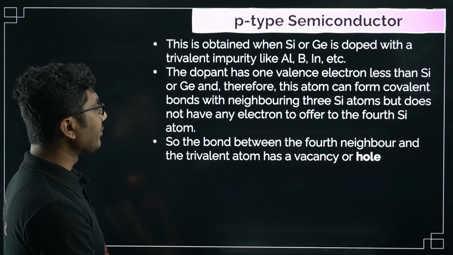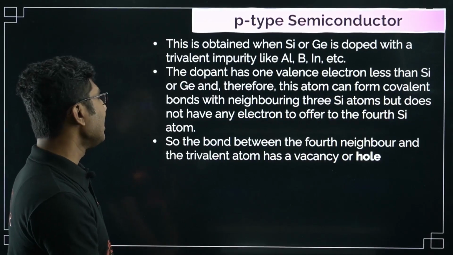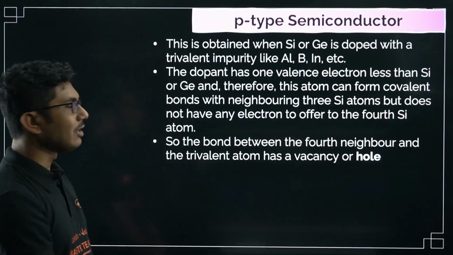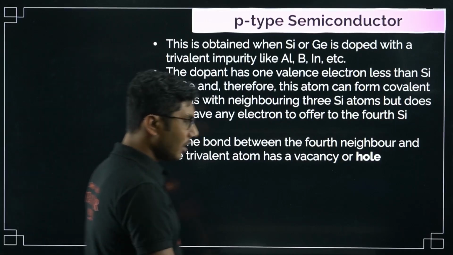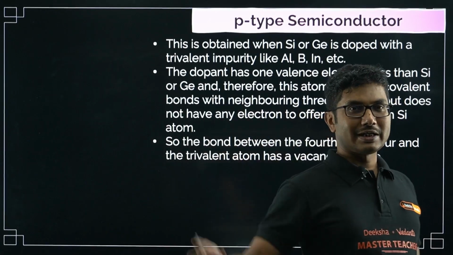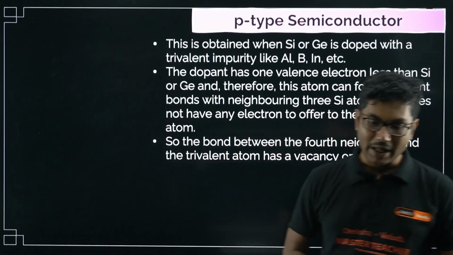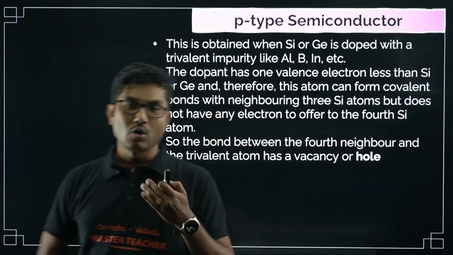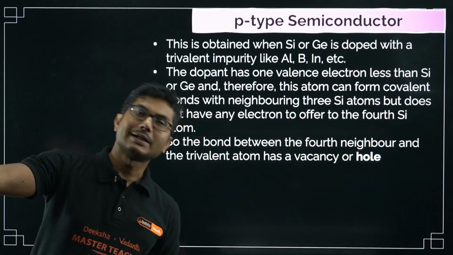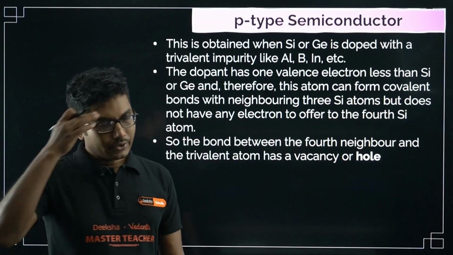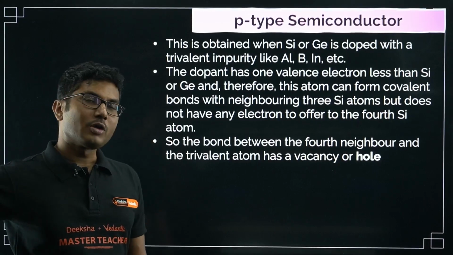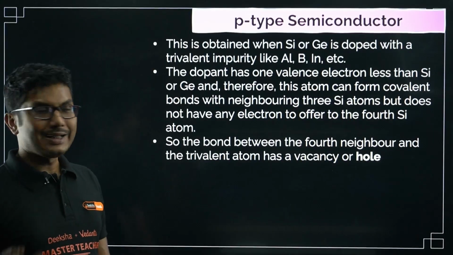So the bond between the 4th neighbor and the trivalent atom has a vacancy or hole. Silicon wants to have one extra electron, but boron is not able to supply that electron, so there is a hole created. That hole attracts other electrons towards it, and because of that, a lot more extra holes are getting created.